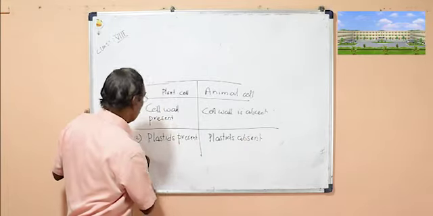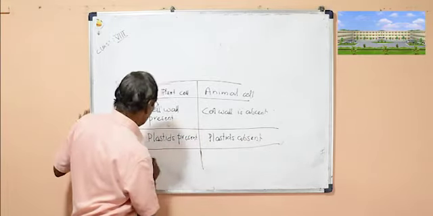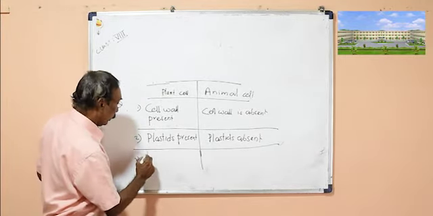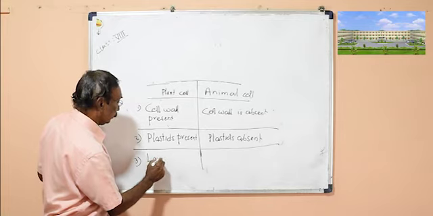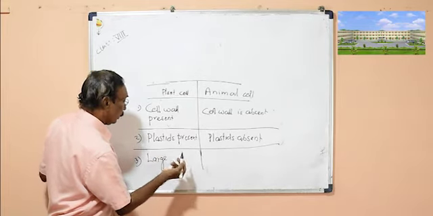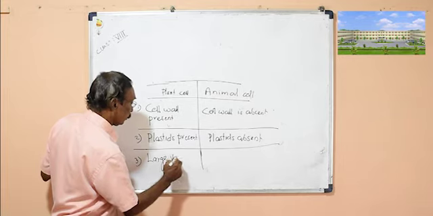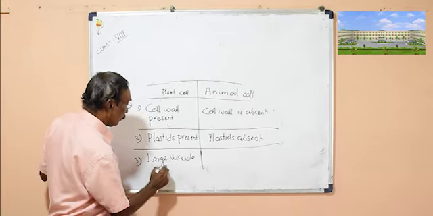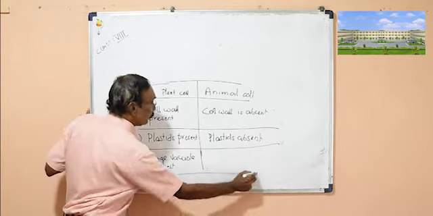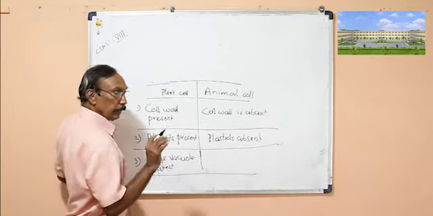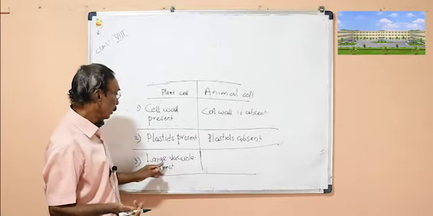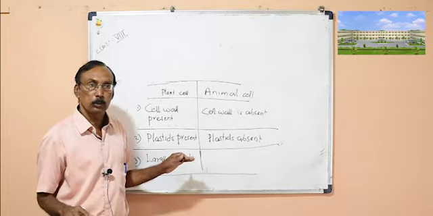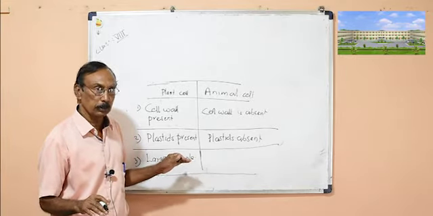Then the third important point, which also you know, is that in plant cell large central vacuoles are present. But in animal cell, vacuoles can be more than one. The large central vacuole may consume a bulk of the space in the cell.